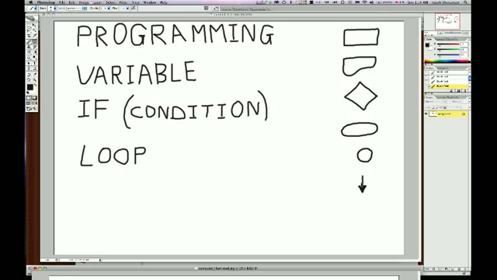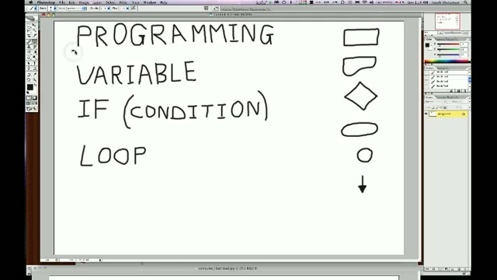Now let's learn a few concepts of programming before we're ready to actually write a program. And when I say programming, I'm talking about in general, but programming is something that we can do in different types of languages. So today I will not go into a specific language, but in part 2 of this lesson we'll start writing a program in a specific language.